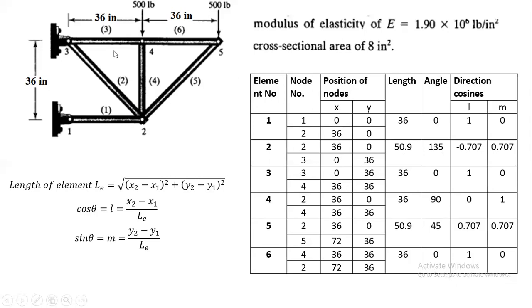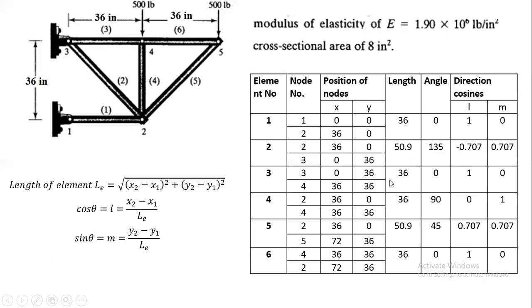Tan theta is 36 divided by 36, which is 1, and tan 45 is 1. So you will get 90 plus 45, that is a 135 angle.